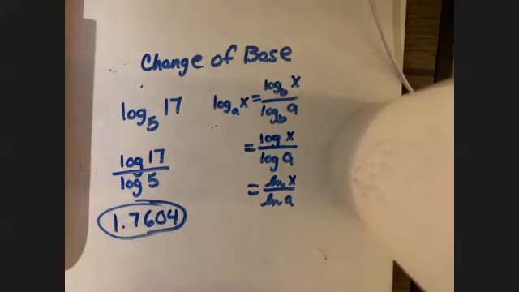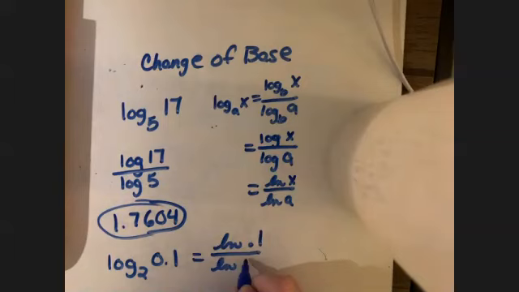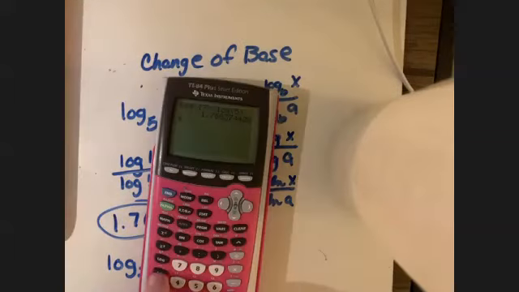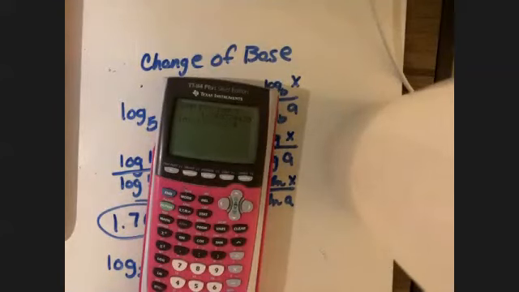Now, if they did something like log base 2 of 0.1, I'm going to do this one with natural log, so over natural log of 2. So here we go. I'm going to bring this in: natural log of 0.1 divided by natural log of 2.